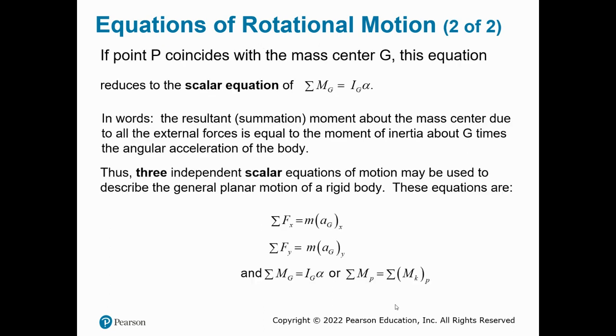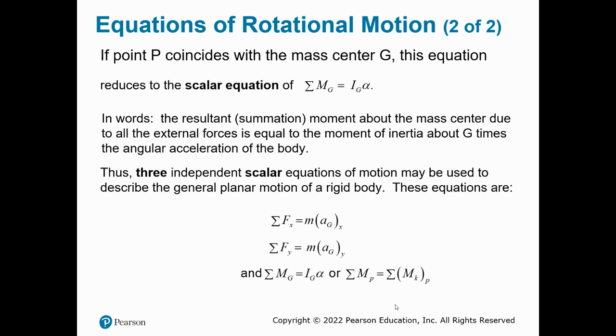If this point is the center of mass G, this equation reduces to the scalar equation sigma M_G equals I_G alpha. In other words, the summation of moments about the mass center due to all the external forces is equal to the moment of inertia about G times the angular acceleration of the body.